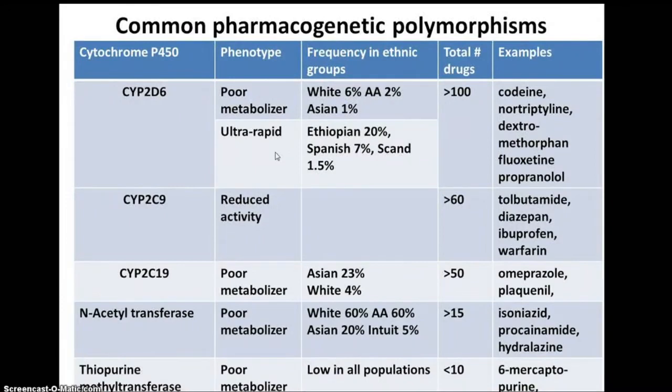So on screen you can see the common pharmacogenetic polymorphism. So the polymorphism in cytochrome P450 causes a different response of people to the use of different medicines.